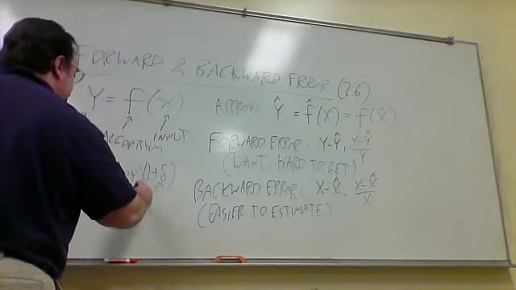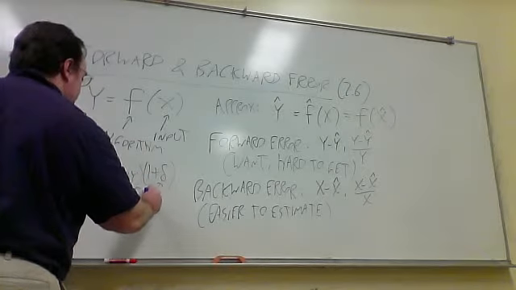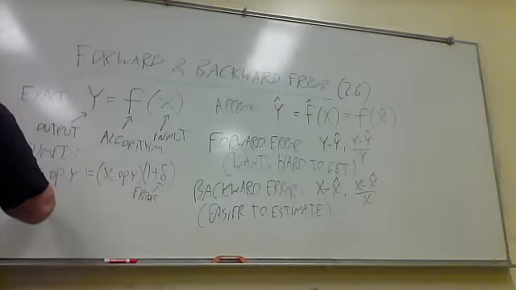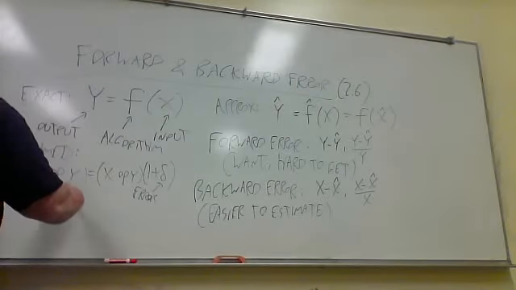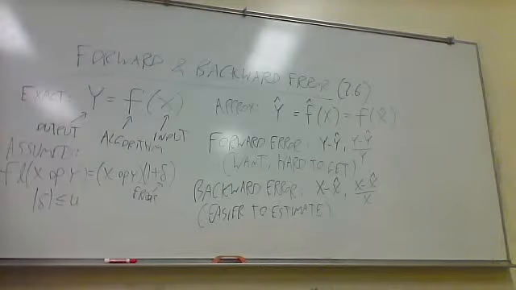So delta represents the error, and it is assumed that the size of this error is no larger than the unit round-off. In other words, it is assumed that each individual arithmetic operation introduces an error that's no bigger than this.